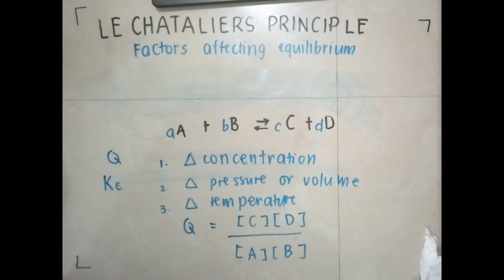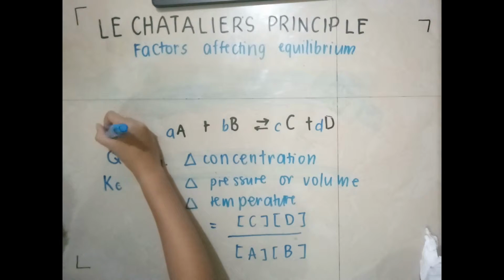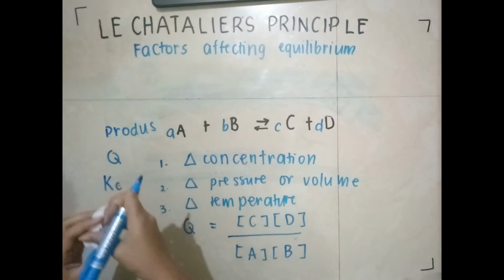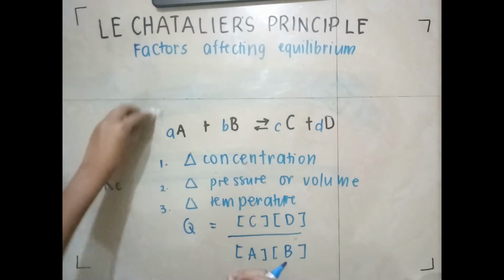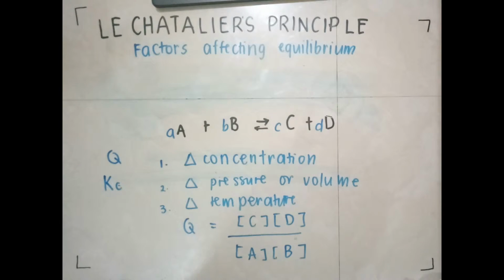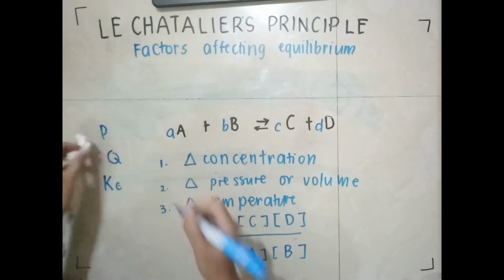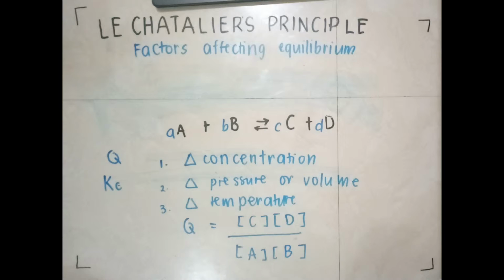Knowing this, we can predict the shifting of the reaction. Let's see what happens if we increase or decrease the concentration of the products or the reactants.